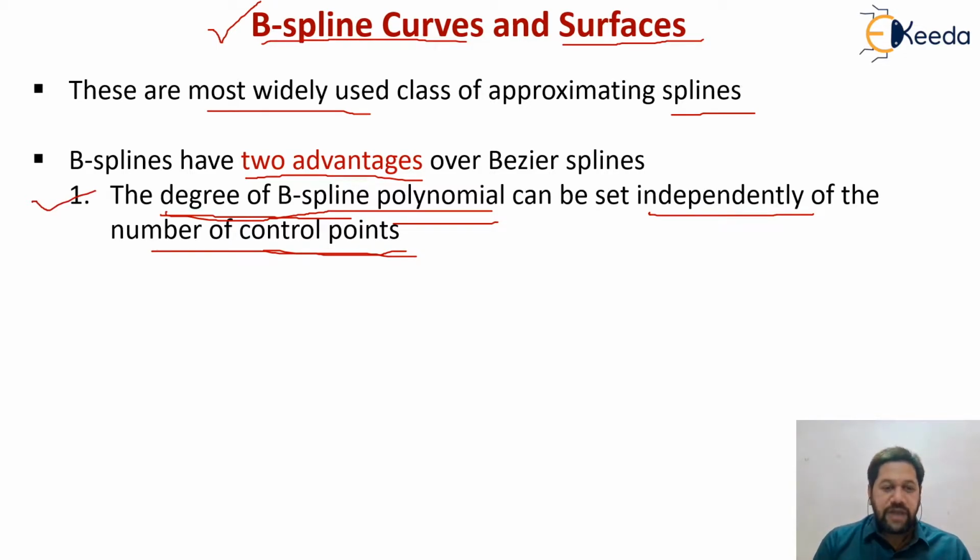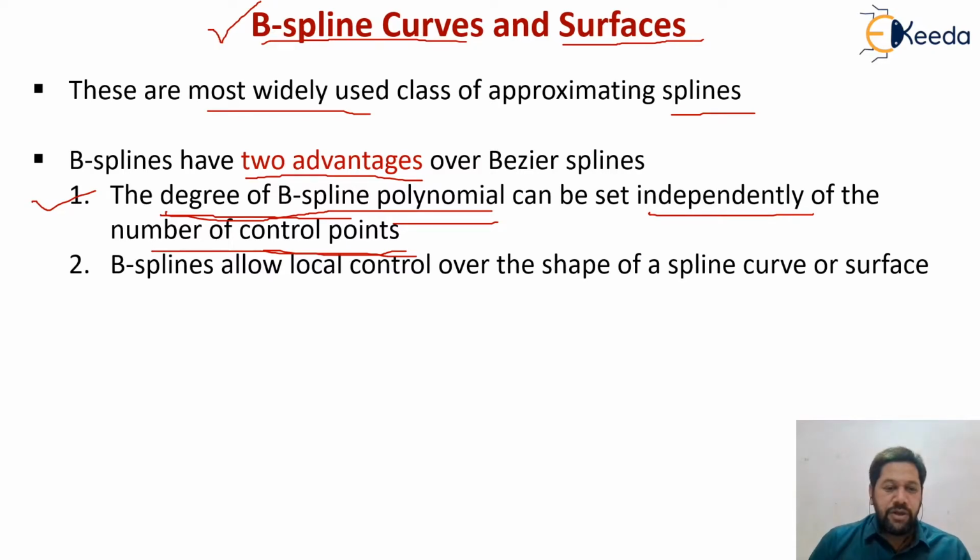Now the second advantage is that B-spline curves allow local control over the shape of the spline curves. They allow local control over the shape of a spline curve or the surface. So these are the two major advantages.